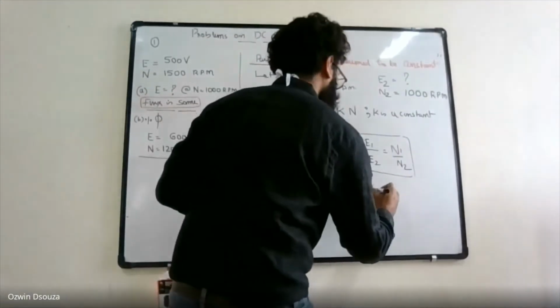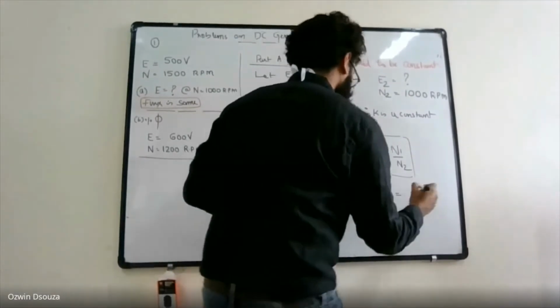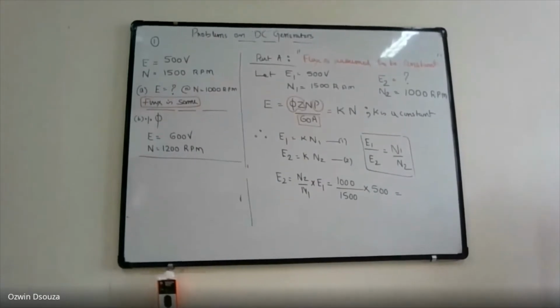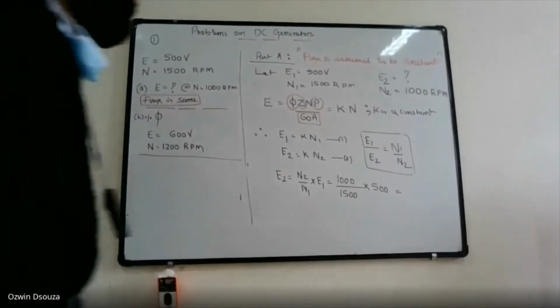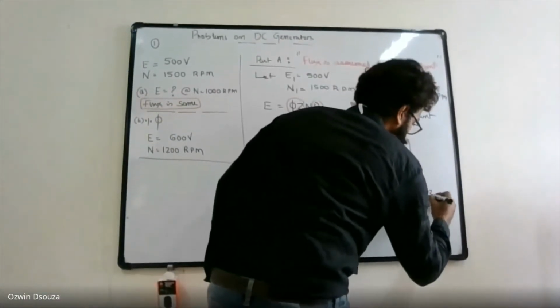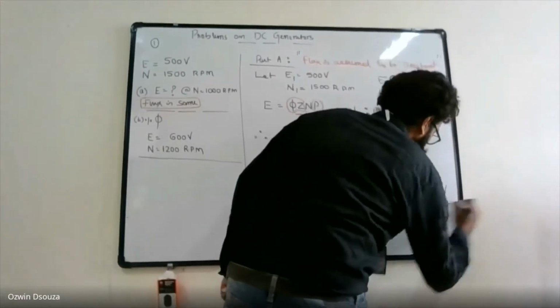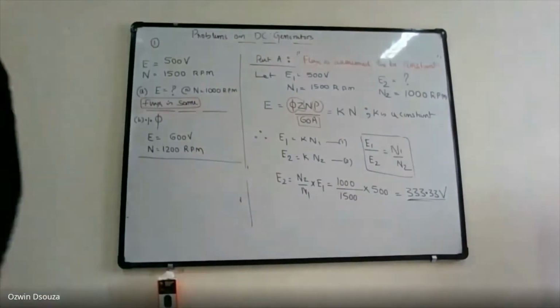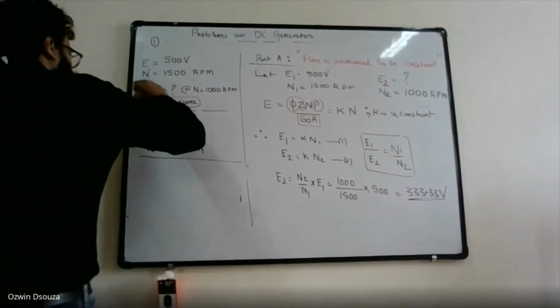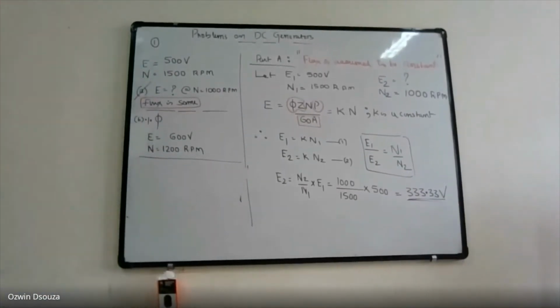E1 is 500. Right. So that will give you E2 as 333 volts. So that is your first part of the problem.